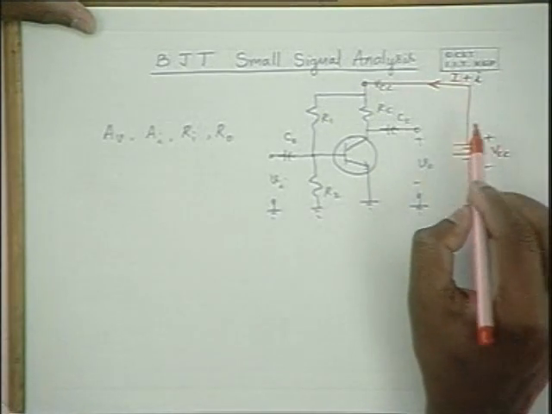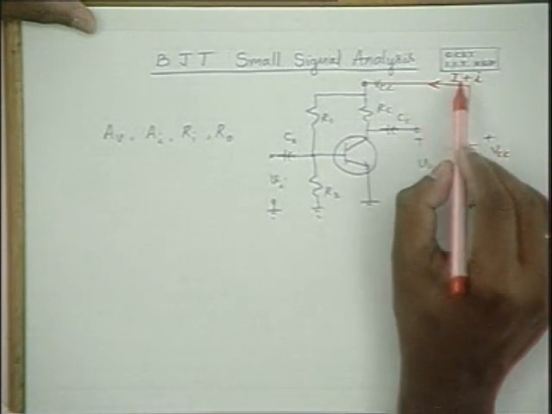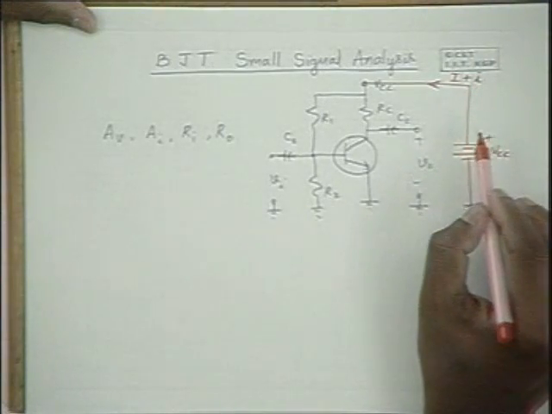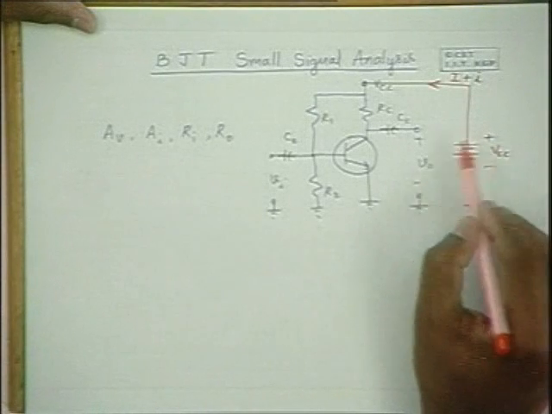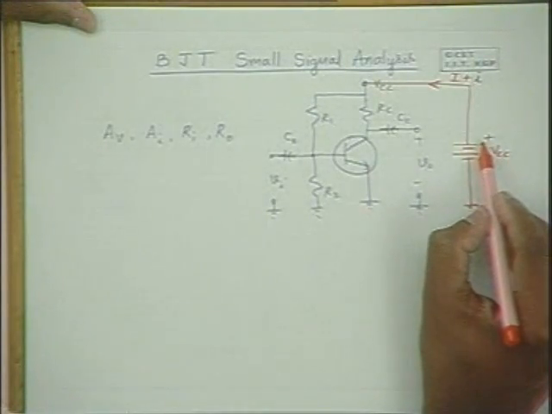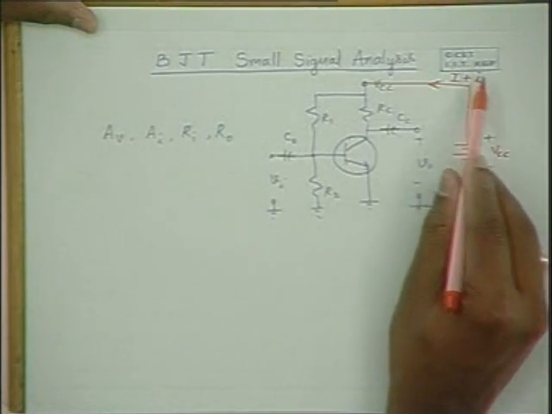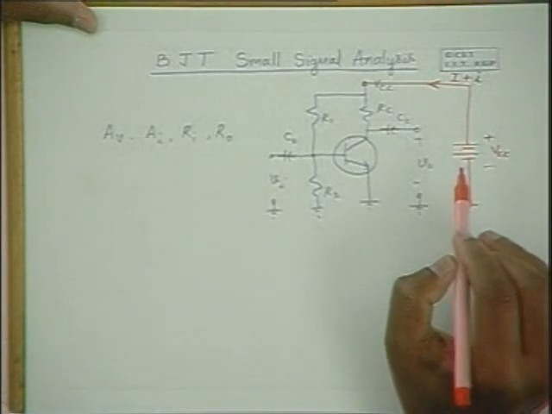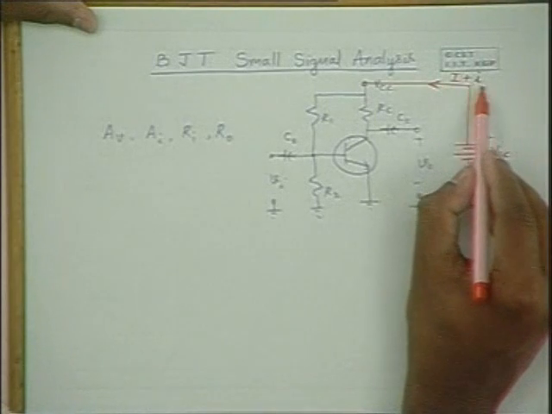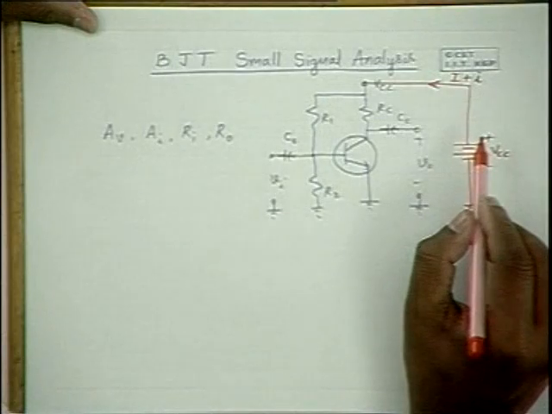So I repeat, when you pass a DC current and an alternating component through this supply, it doesn't offer any alternating supply voltage. You will find that the voltage drop is VCC volts in spite of an alternating current component passing through it. Hence, as far as the alternating component is concerned, it is like a short circuit.